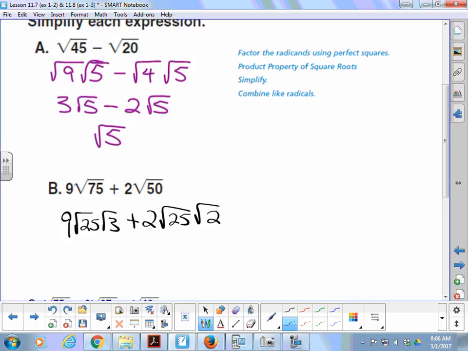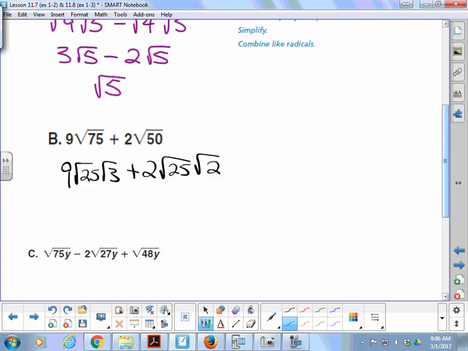Now, mistakes that are made quite often are made here when we put the 9 and the square root of 25 together, because lots of times students will add those when, remember, if there's no sign between, it means multiplication. So we have 9 times 5 times the square root of 3 plus 2 times 5 times the square root of 2. So make sure you multiply these together. You don't add them together, and that's a common mistake.